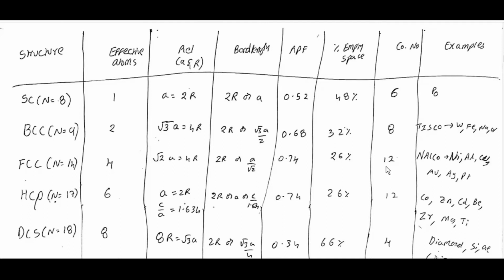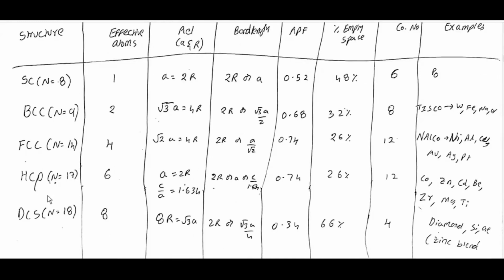Coordination number 12, because each face center atom will be in contact with 4 atoms in each plane, so 12 atoms. Examples: nickel, aluminium, copper, gold, silver, platinum.